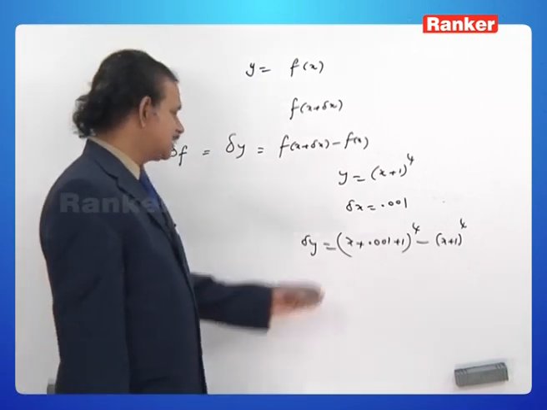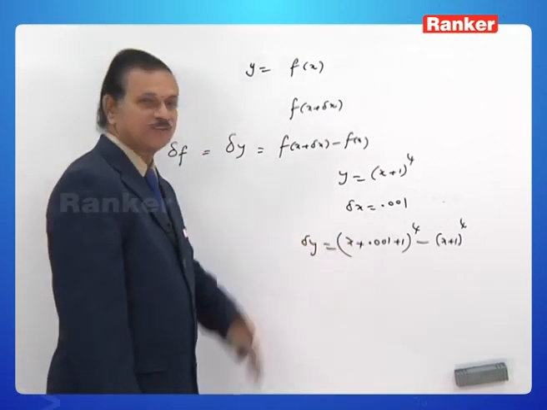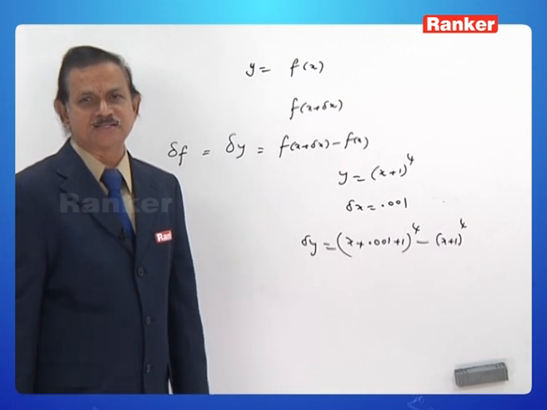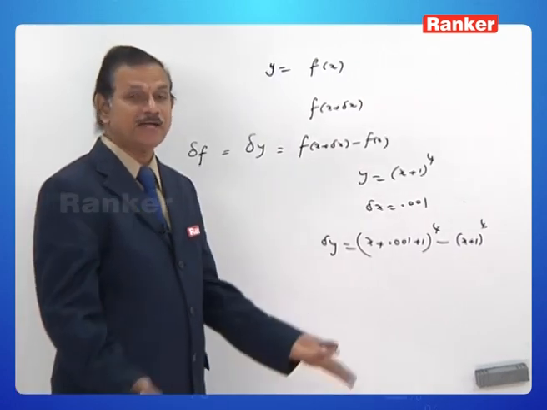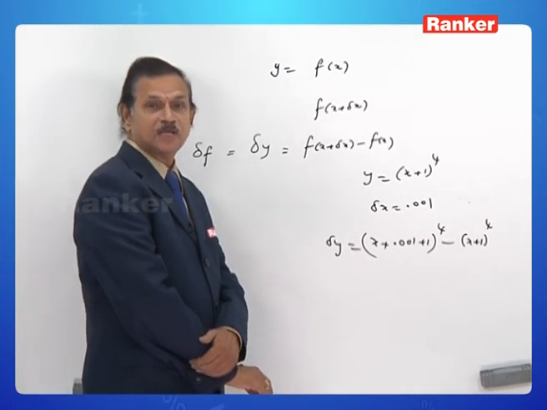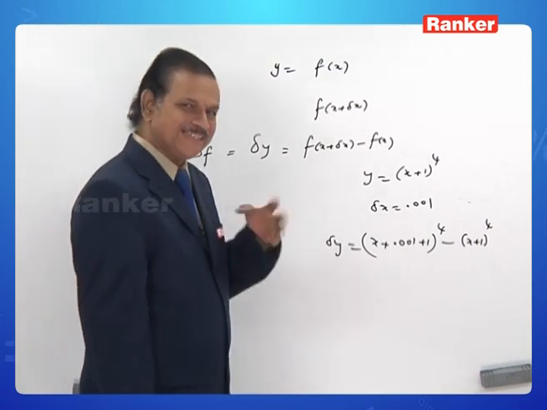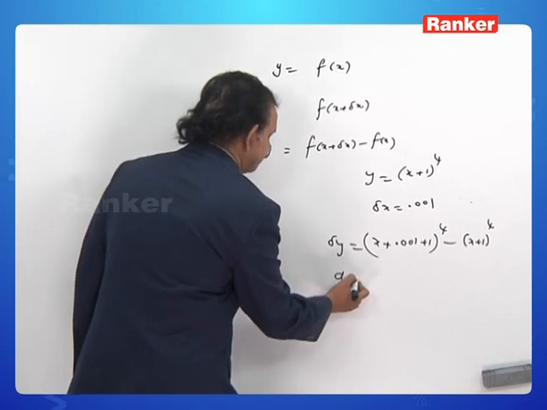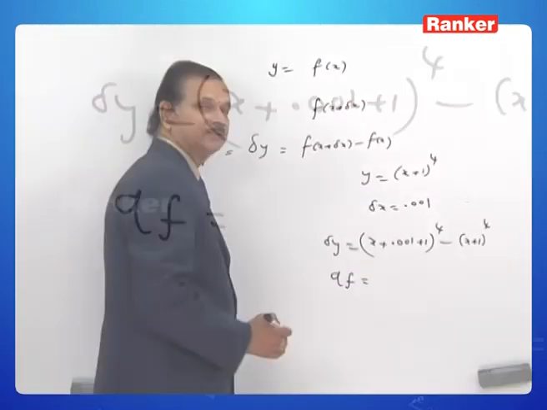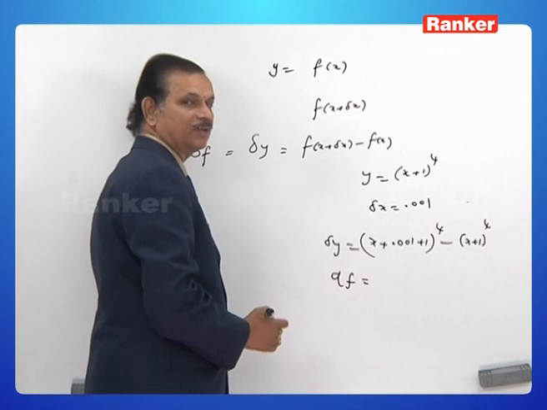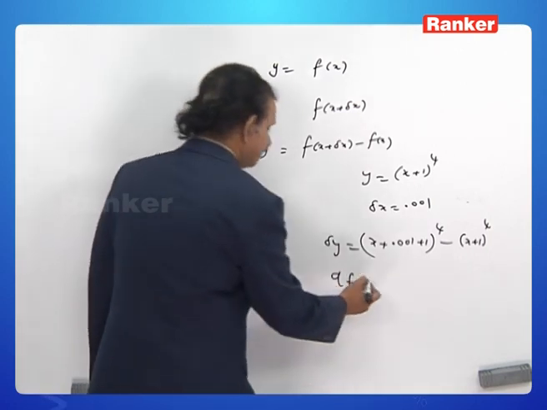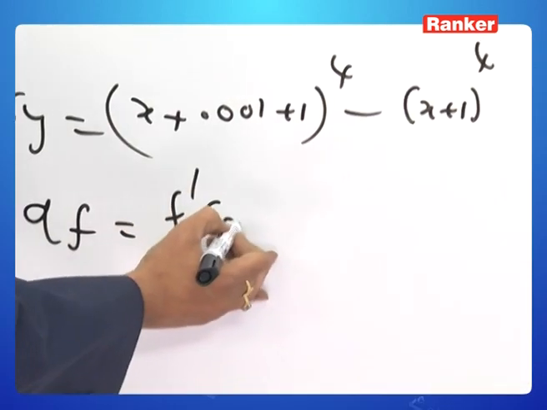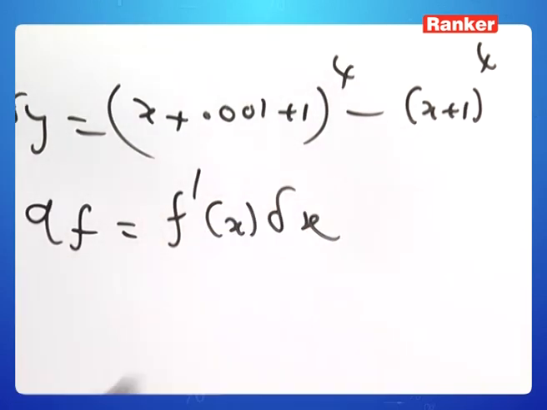To calculate this exact change might be tedious in some cases. Then we find an approximate change, that is df. This df is denoted by f dash x into delta x.